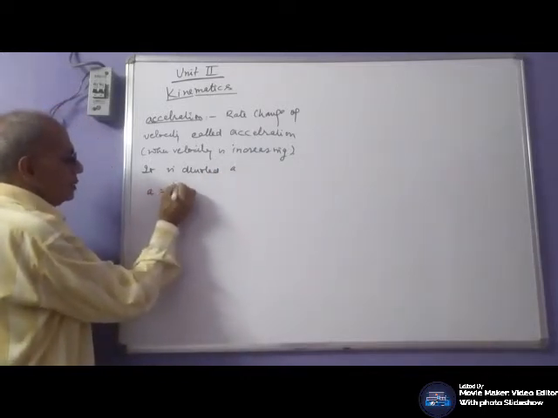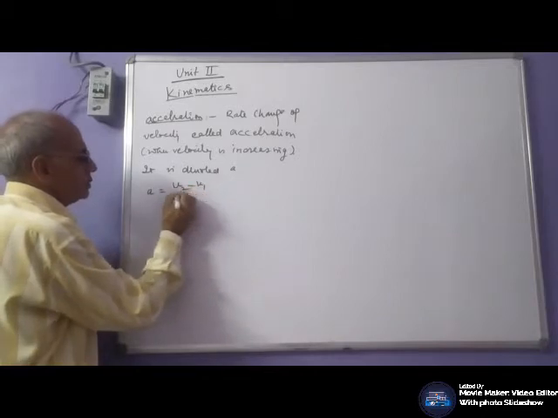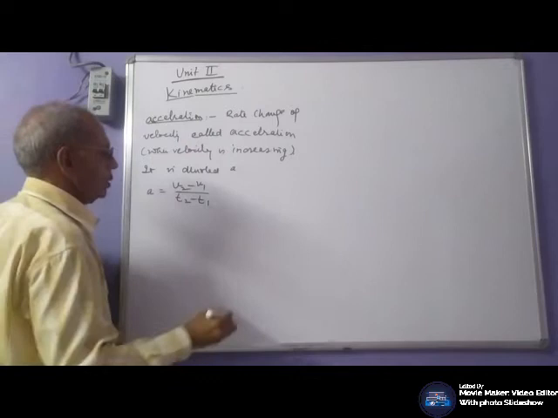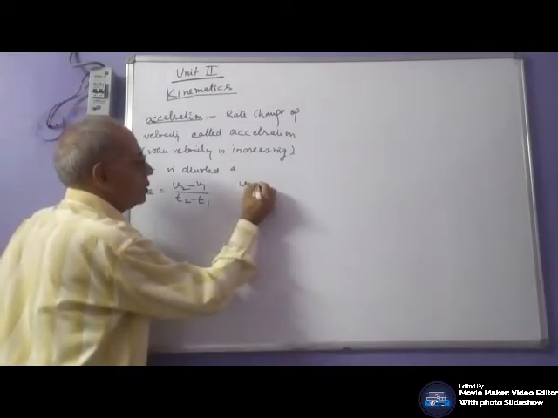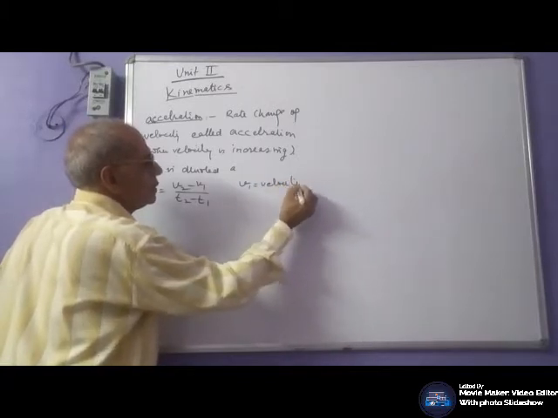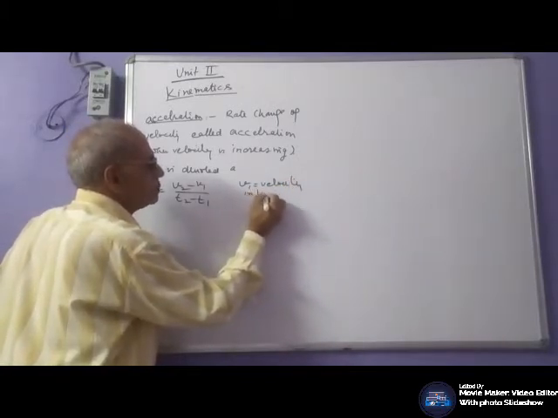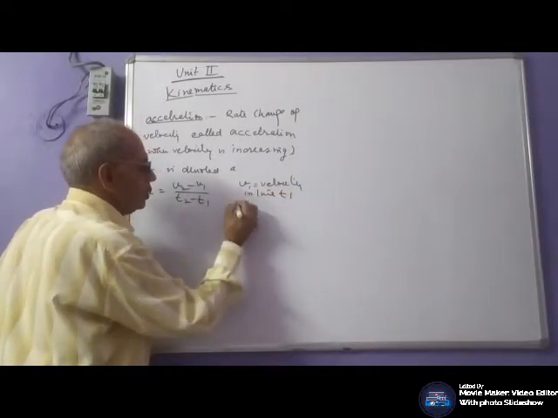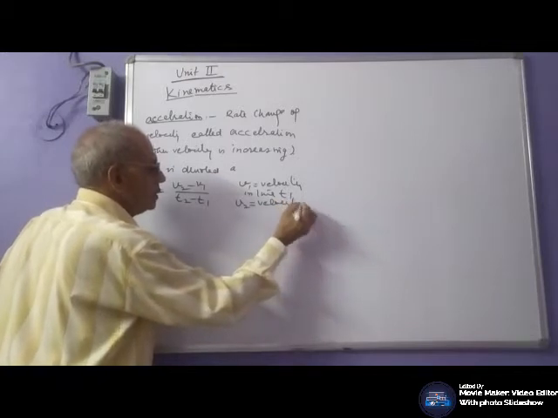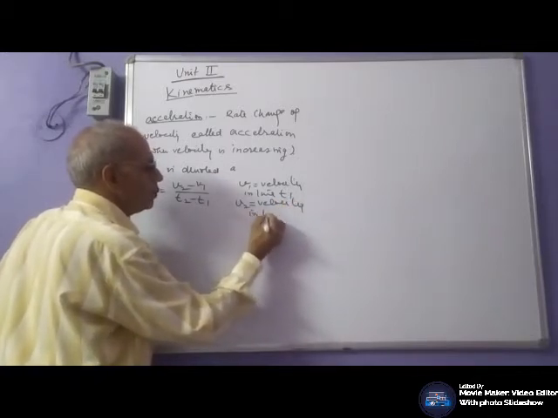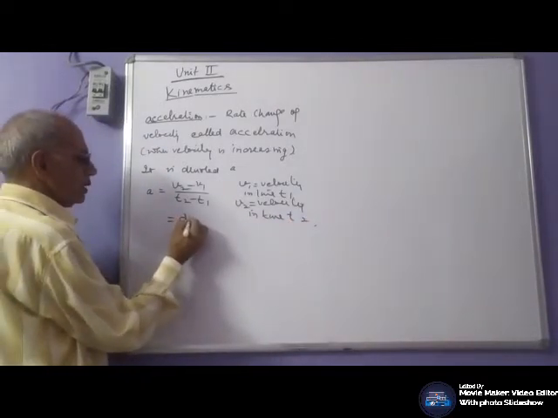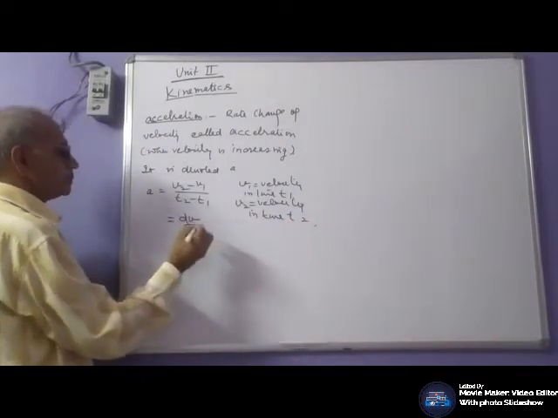and A is V2 minus V1 over T2 minus T1, where V1 is the velocity at time T1 and V2 is the velocity at time T2, or it is dV by dt.